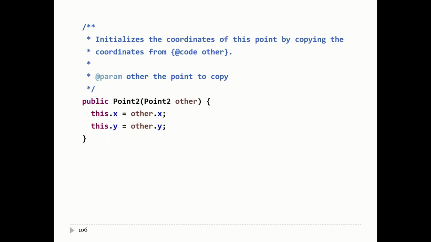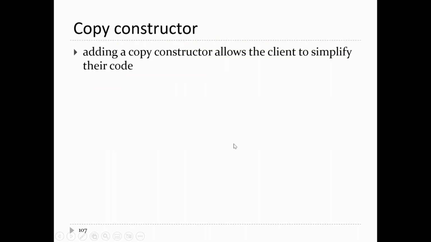Inside the class, you're allowed to access the private fields or private features of another Point2 object. So I can just write other.x here. And similarly, I can just write other.y there. And again, why add a copy constructor? Because it lets people more easily use your class.